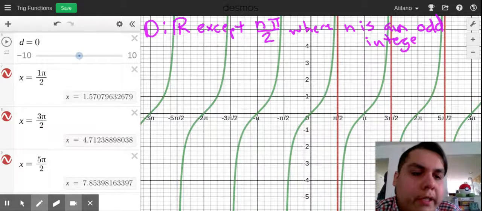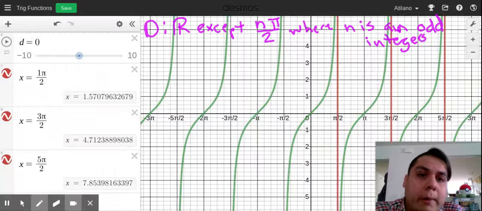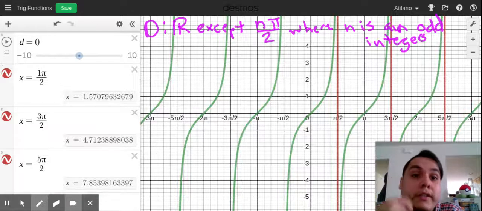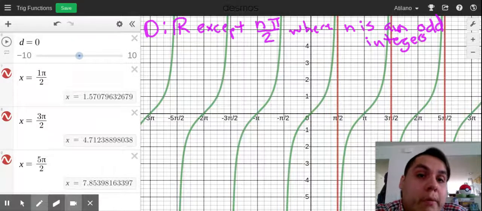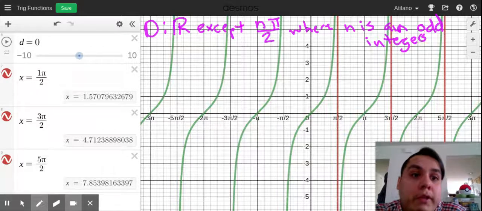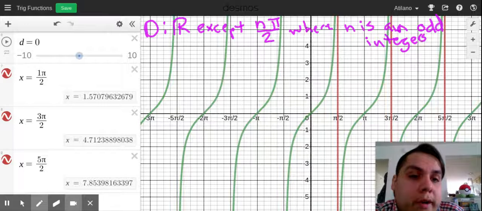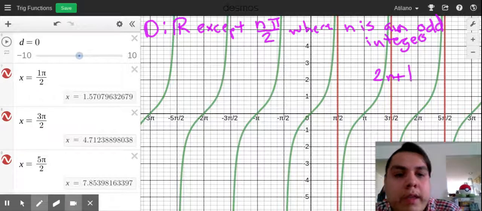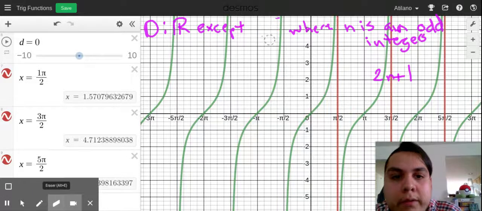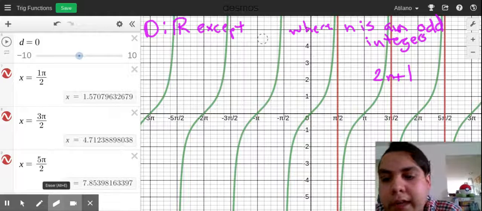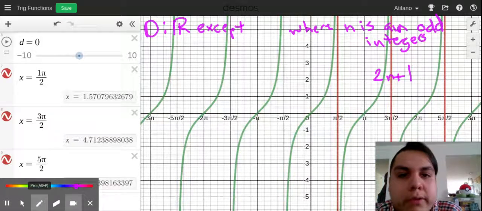And there are other ways to express that thought. I could make a little algebraic equation to guarantee that I always get an odd number. So if you have a callback to your Integrated 3 days where you did the reasoning and proof unit, you'll note that I could write 2n plus 1. And if I replace that n with 2n plus 1, I can cut down some of the writing I have to do.